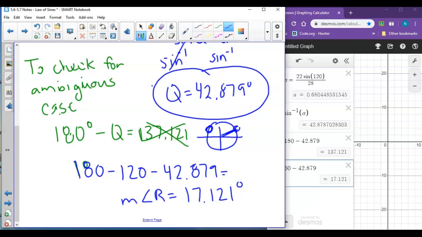I circled Q right here, I really shouldn't have. R is my answer right here. This is what the question was asking for.